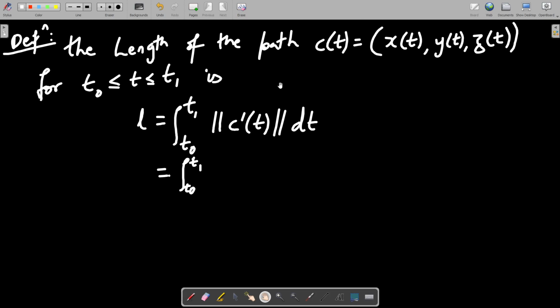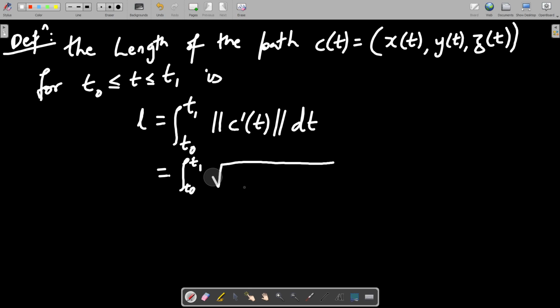So the length of this path will be this thing. C prime is going to be given as x prime, y prime, z prime. Then what is going to be the norm of C prime? The square root of the sum of the squares of the individual terms, right? That's how we take the norm in R3.